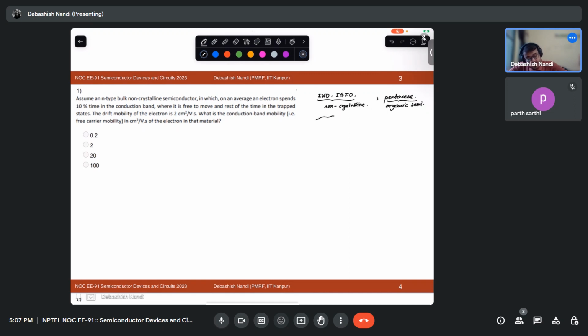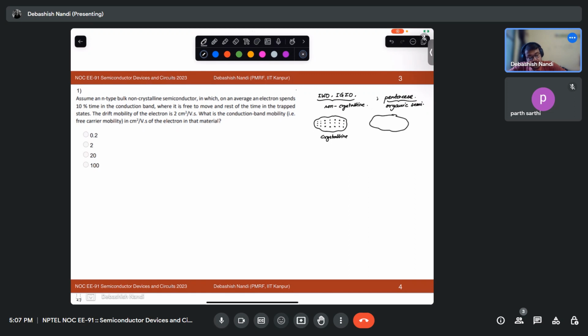So in a crystalline structure, you will have a periodic arrangement of atoms throughout the structure, right?